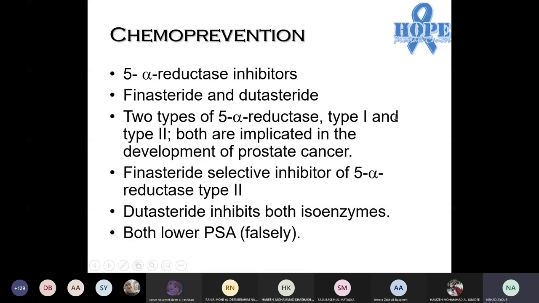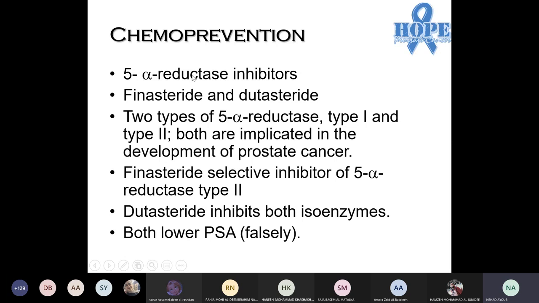This we call chemoprevention. We use drugs here. There have been 2 drugs introduced as 5-alpha reductase inhibitors, finasteride and dutasteride. They are both 5-alpha reductase inhibitors. However, finasteride is a selective type 2 inhibitor, while dutasteride inhibits both types 1 and 2 of the enzyme.